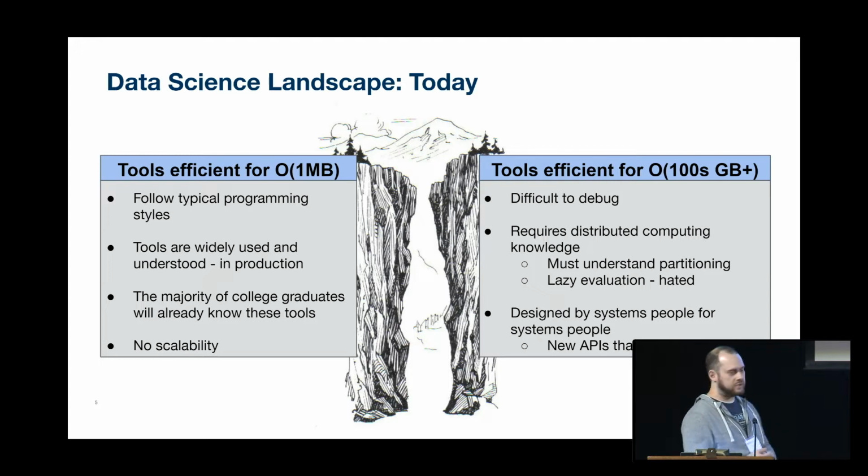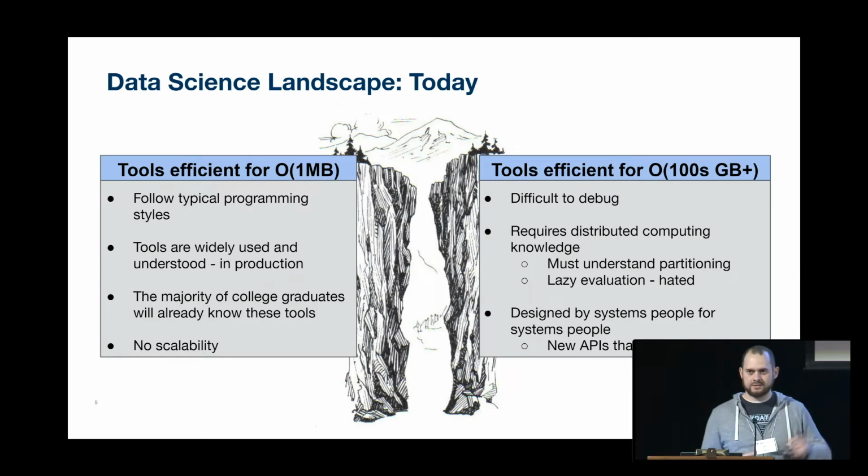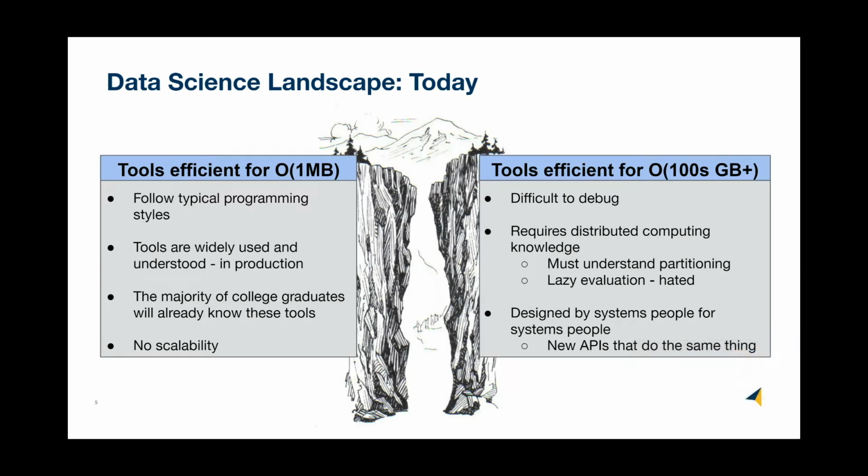Additionally, the majority of college graduates will graduate knowing these tools. That means they understand how to use them when they go into the field, and this is how we actually teach data science. There is a problem, though, and that is no scalability. Basically, most of these tools are single node, single core in fact.